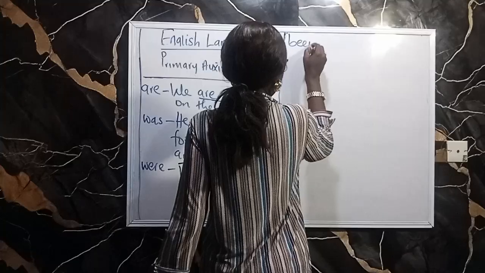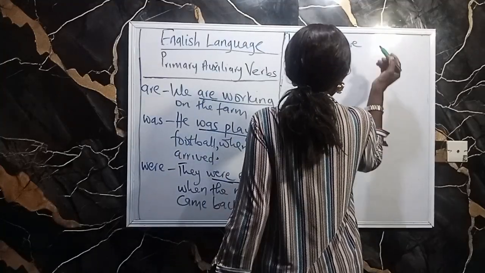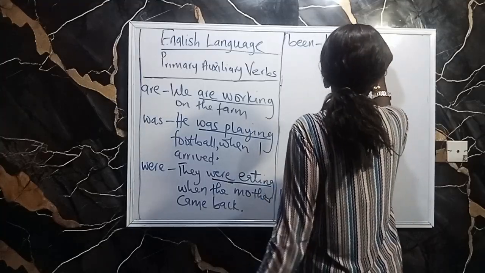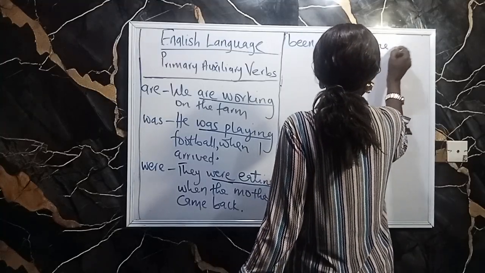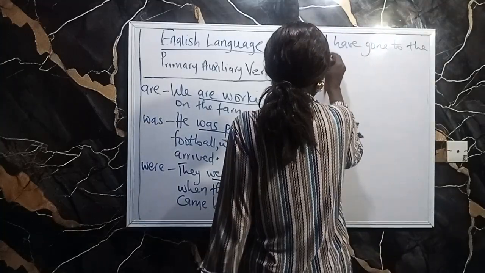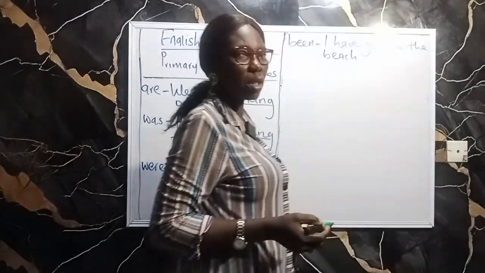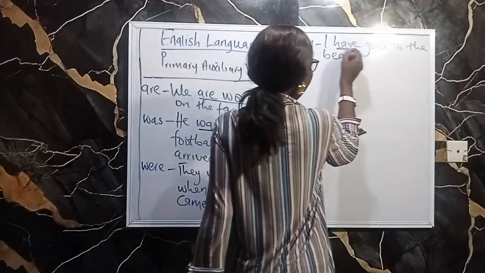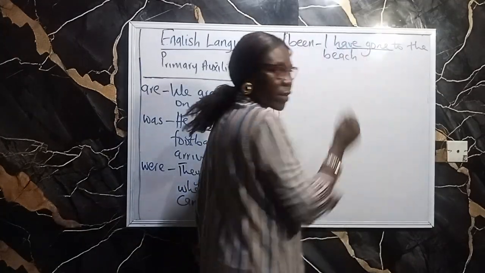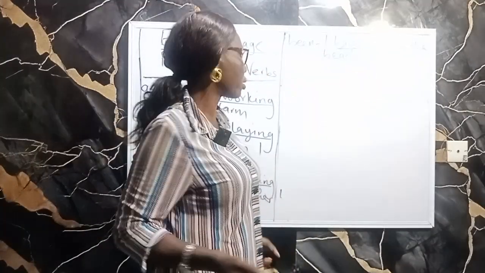Been. I have gone to the beach. I have gone to the beach. So have and gone. Have is the primary auxiliary verb used with the main verb gone.